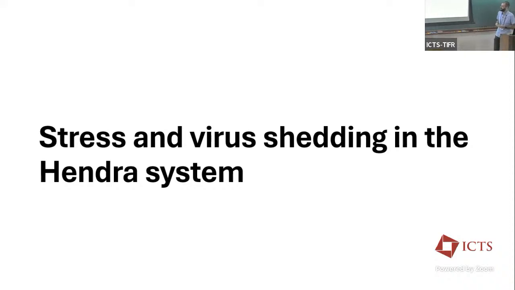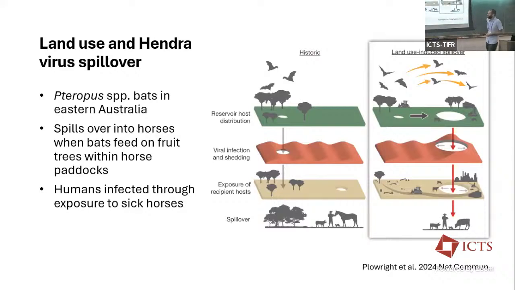Okay, so I'll dive into the stress and how it's affecting the Hendra virus system. I don't know, does everybody know what Hendra is? Have we covered it before? No? Okay. So Hendra is a zoonotic, bat-borne virus. It's a paramyxovirus, and the genus is Henipavirus.